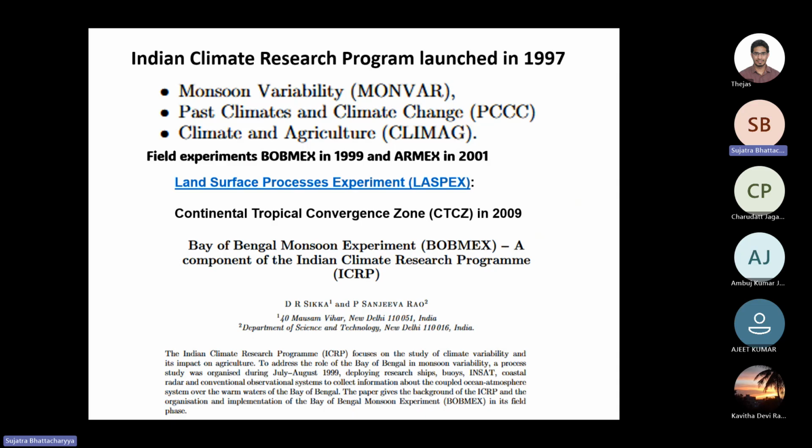Second was past climate change, because some work was already going on in India on paleoclimate. And also, of course, climate change. This is in 96, already climate change had become an issue. And then she added something of her own interest, climate and agriculture. So these are the three main themes, and in all of them she did contribute.